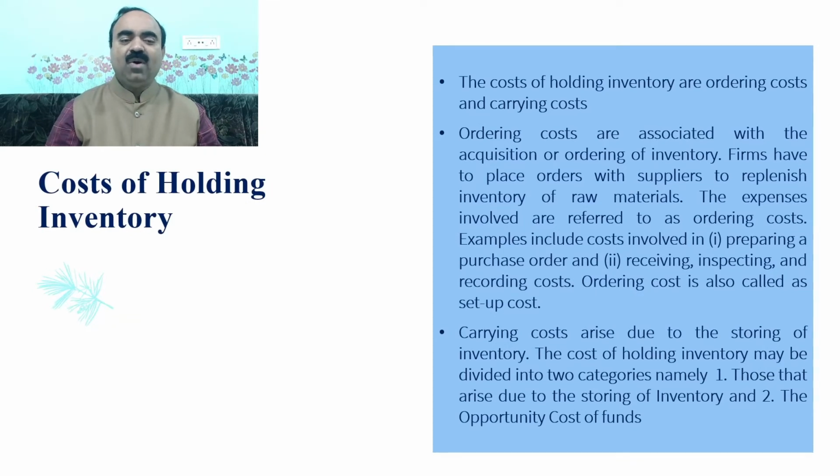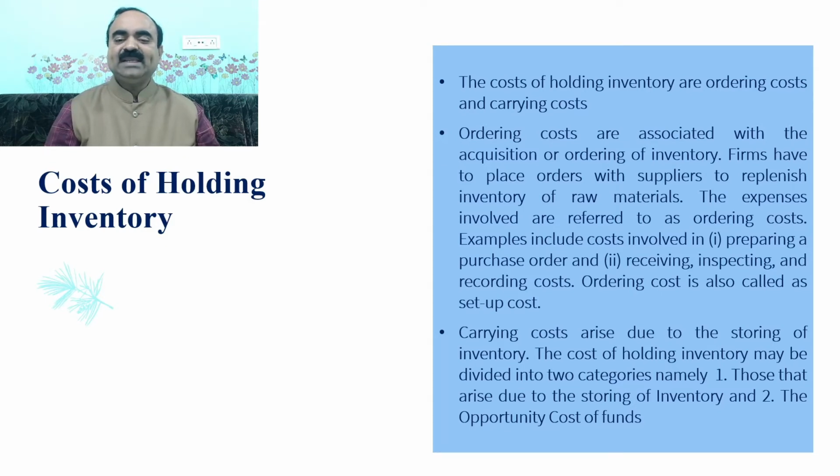Costs of holding inventory. The costs of holding inventory are ordering costs and carrying costs. Ordering costs are associated with the acquisition or ordering of inventory. Firms have to place orders with suppliers to replenish inventory of raw materials.